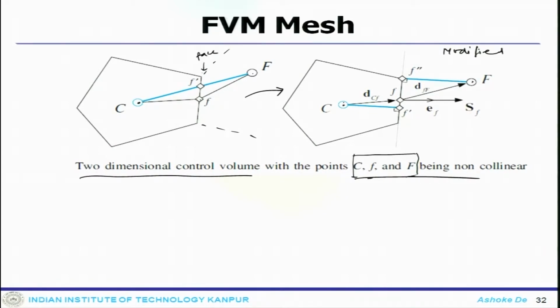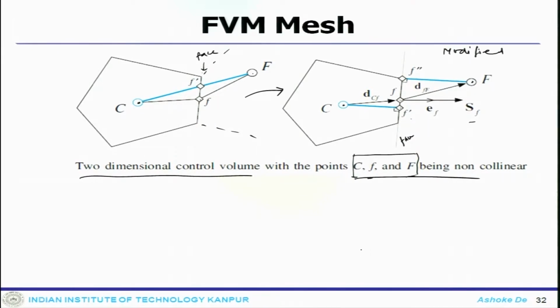You have a cell center here, you find a normal to that face. You have this face center which is small f. From f, you connect to the center of the neighbor element, which is DFf, and to the center C, DCf, and there will be a normal vector, which is the surface vector Ef.